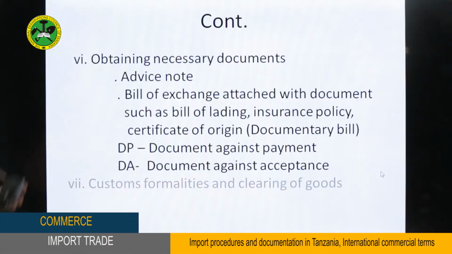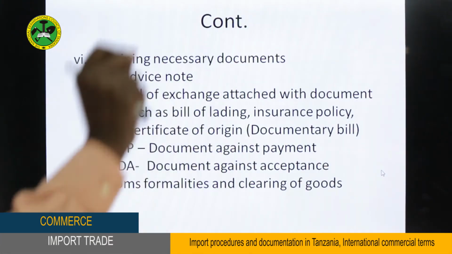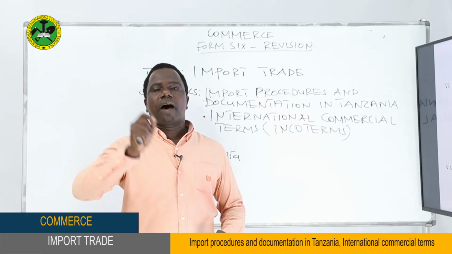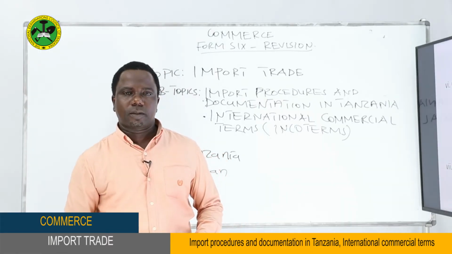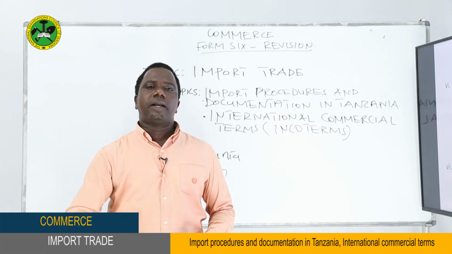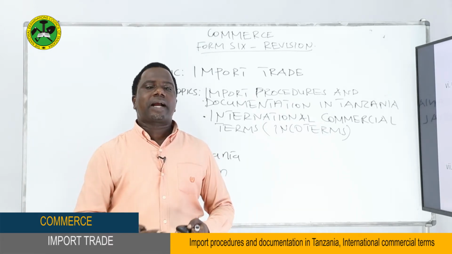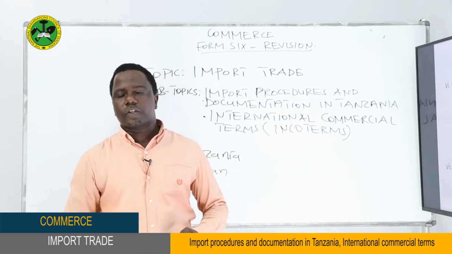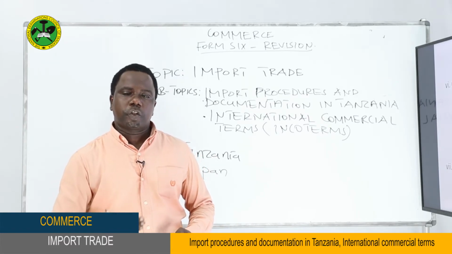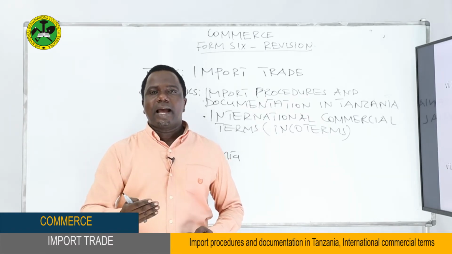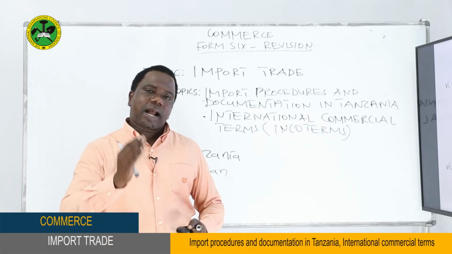So another procedure is customs formalities and the clearing of goods. Once goods have reached the port of destination, the importer now needs to clear those goods from the port. The importer should clear those customs duties.